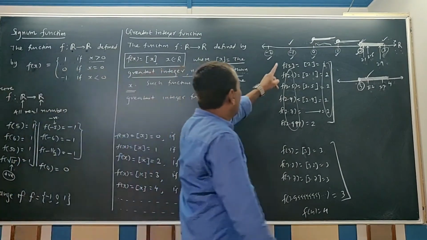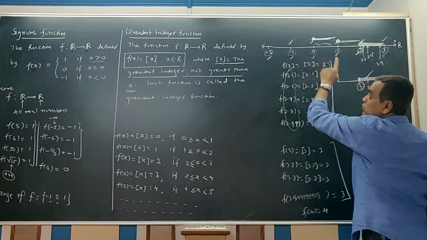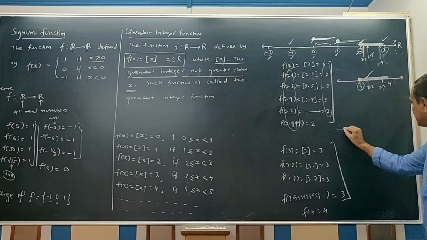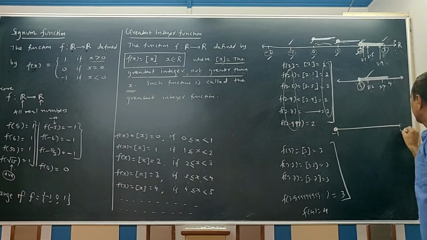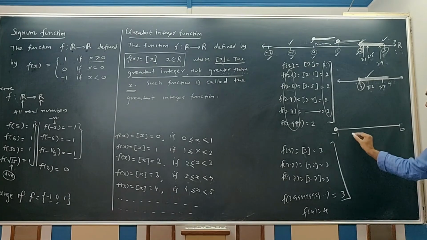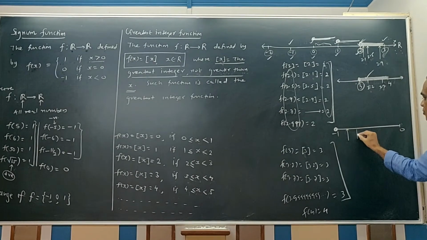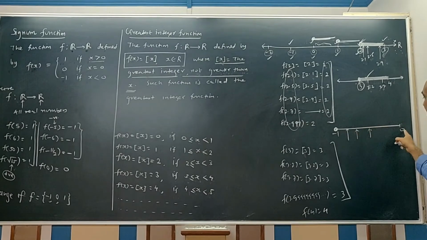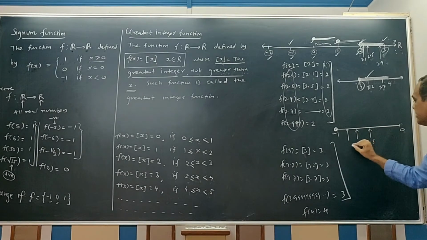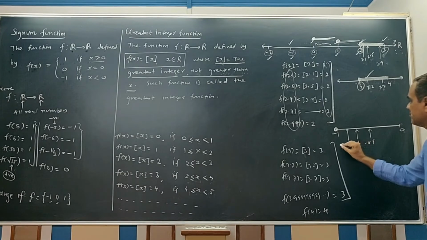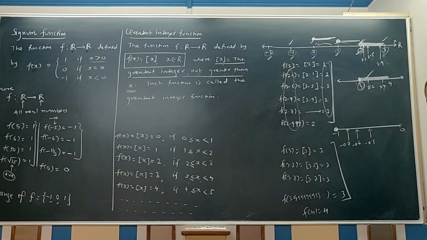Now this side, minus 1 to 0. This is minus 1, this is 0. So here, if you observe these numbers between minus 1 and 0, this may be minus 0.5, this may be minus 0.6, this may be minus 0.7.